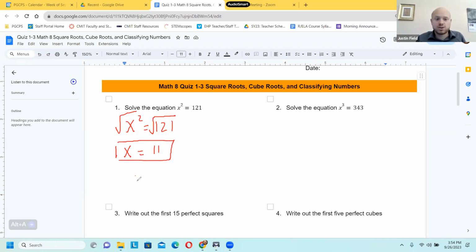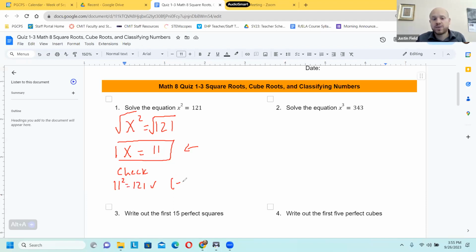If you circled 121, no, that's not the answer. The answer is 11. Why? Now we can check, we can write the check, but just know that this is the answer. And actually, it's not even the whole answer. Okay, so we're going to check and then we'll understand why. 11 squared equals 121, so it checks.